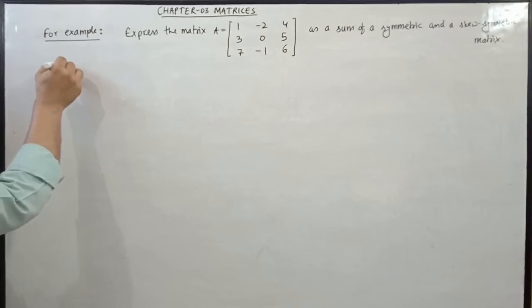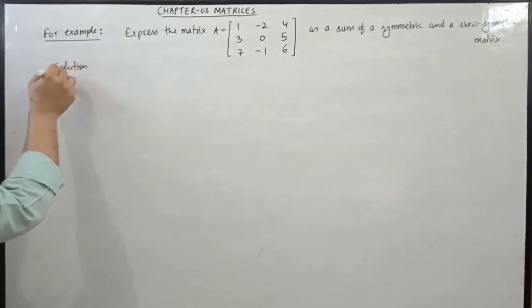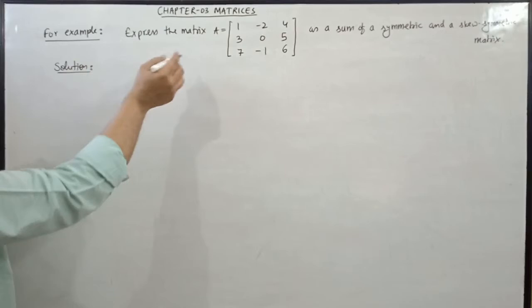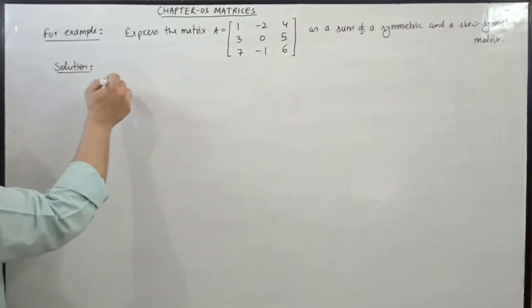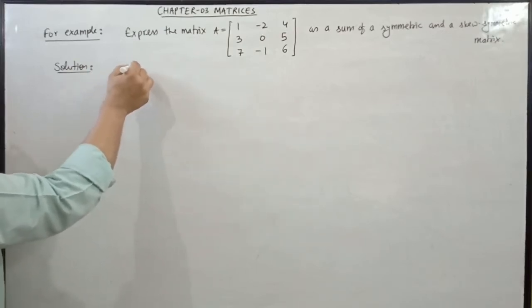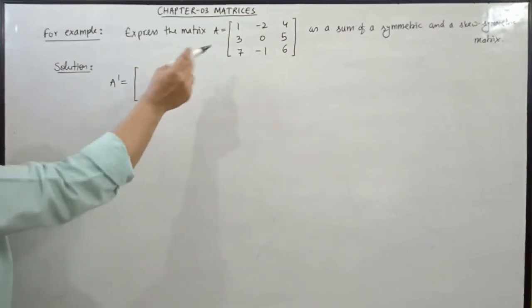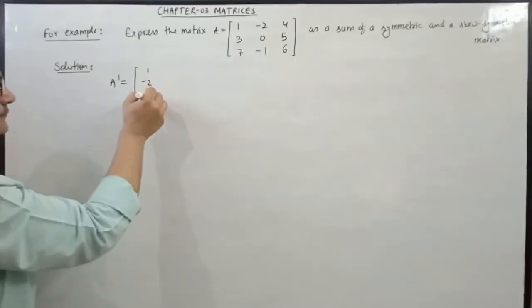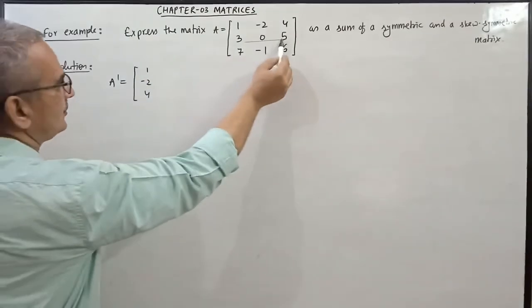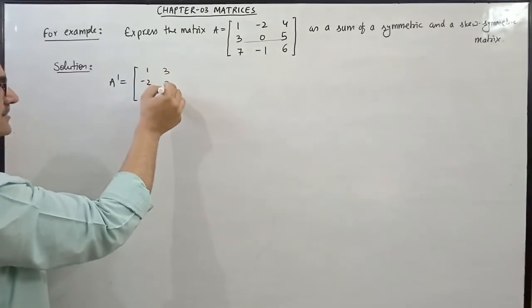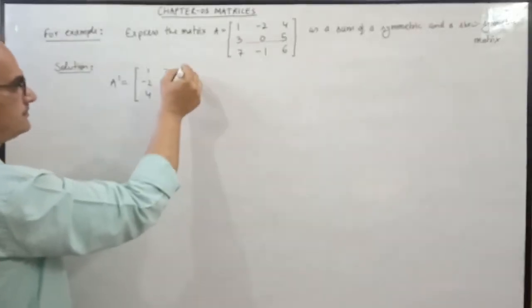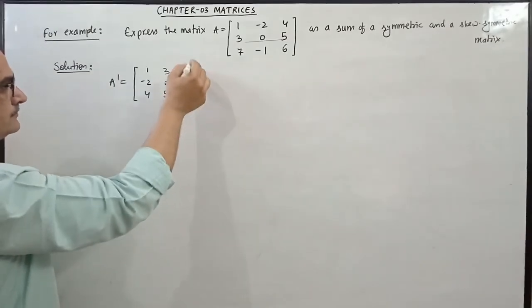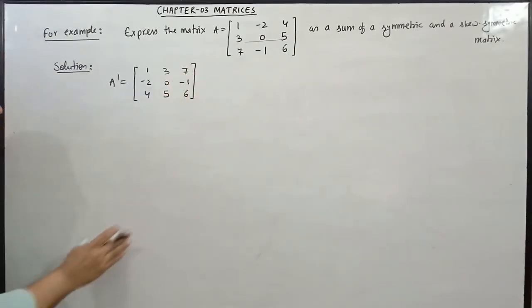Solution: what will be the transpose of this matrix A? First we have to write its transpose. The first row will become the first column, 1 minus 2 4. The second row becomes the second column, 3 0 5. The third row is the third column. Okay, so this is A dash.